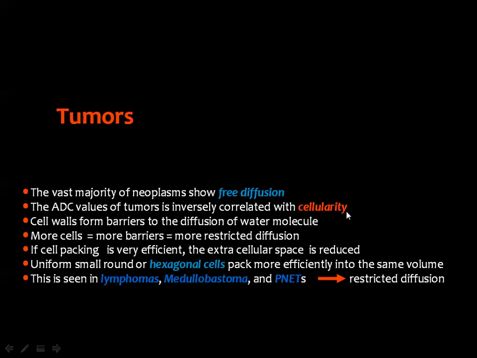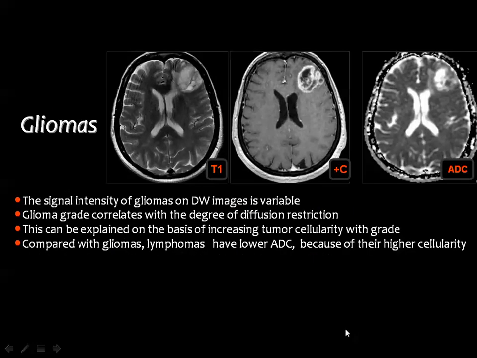The tumors with a cellular matrix will have a little extracellular space, and the movement of water will be restricted. The tumors which are known with prominent cellularity are the lymphoma, medulloblastoma, and the primitive neuroectodermal tumors.